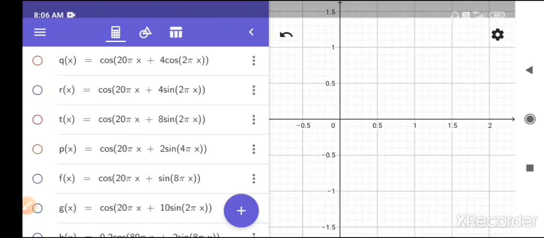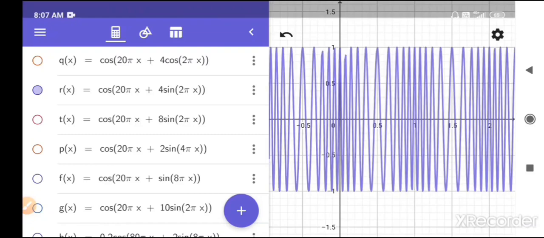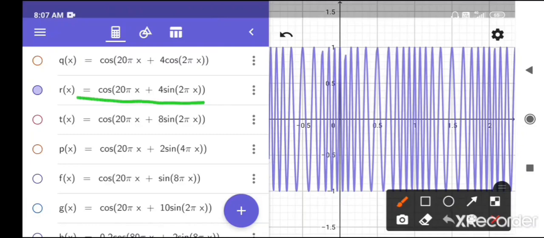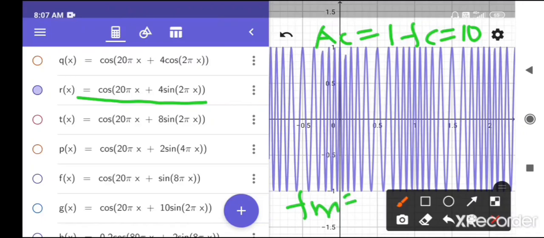And now we are going to generate the FM equation by using GeoGebra. So here this equation is the FM equation, where I take the Ac value equal to 1, fc value equal to 10, fm value equal to 1 and beta value equal to 4.